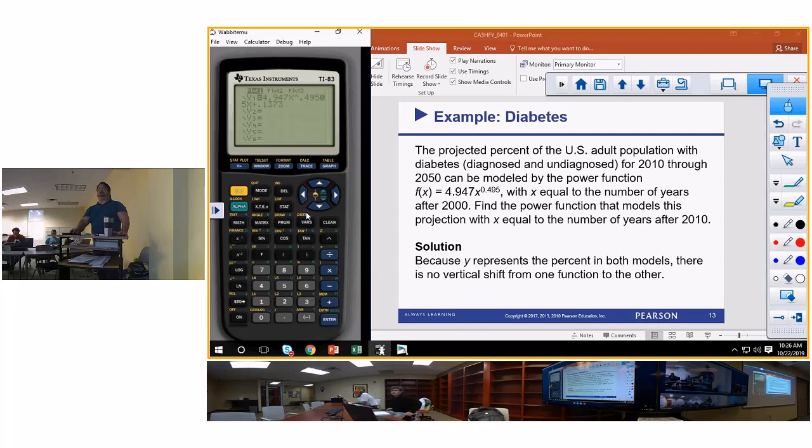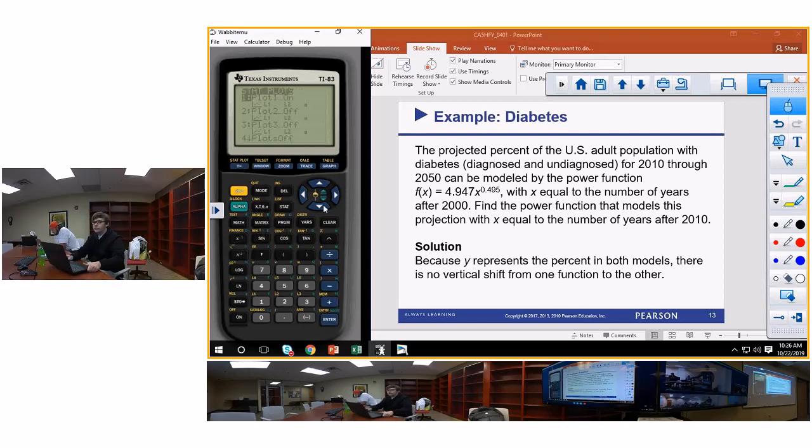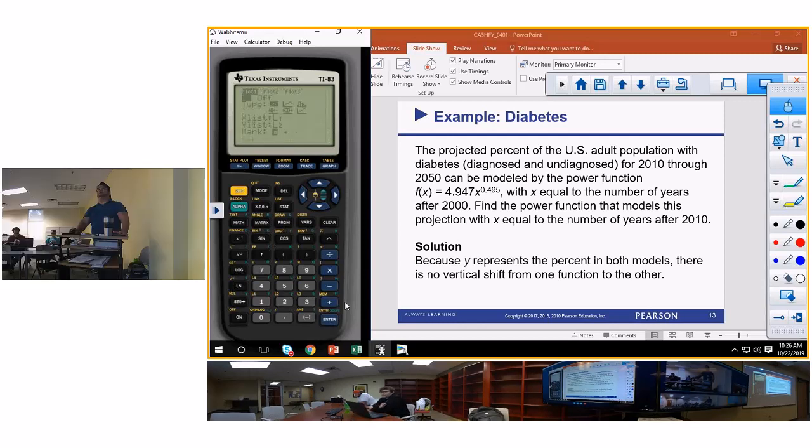Now you're going to have to turn your stat plot off. So go back to second stat plot and turn the first one off. If you don't turn it off, it's not going to graph right. And now hit graph. And of course, it's still in that graph stat mode. So you got to hit zoom and either fit or standard.